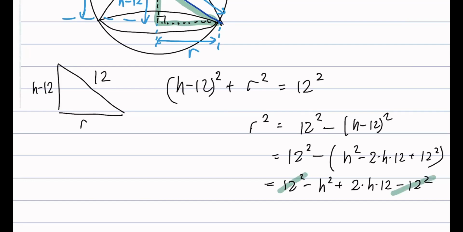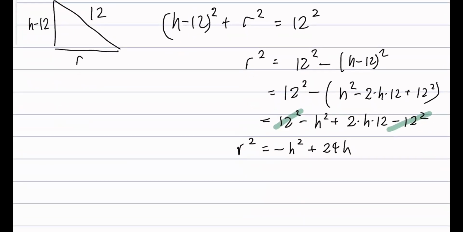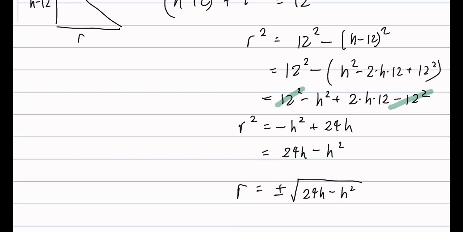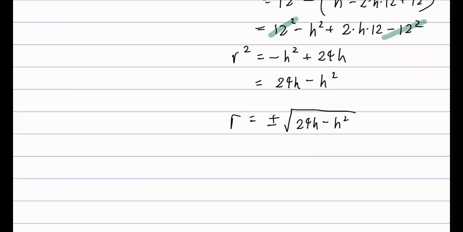What happens? 12 squared cancels away. So minus h squared remains, and 2 times 12 is 24h. r squared equals minus h squared plus 24h. To make it look nicer, I can write it as 24h minus h squared. Then I want to solve for r. Take the plus minus square root, right? So plus minus square root of 24h minus h squared. But can r be negative?